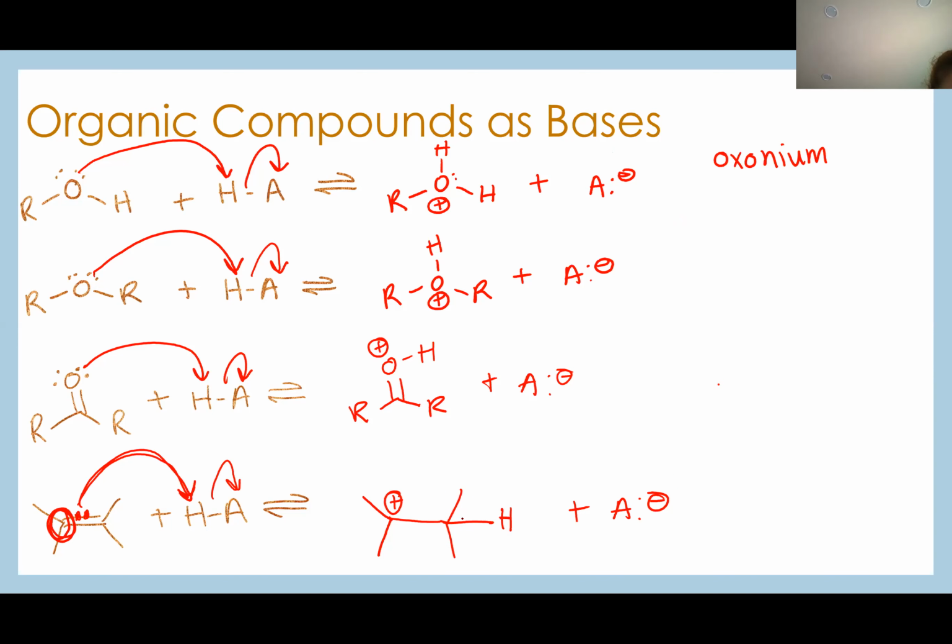The electrons from the pi bond are used to make this covalent bond, which means this carbon lost electrons and therefore becomes positive. This species is called a carbocation. And we are going to see these very, very often. They're not ever the final product. They're always an intermediate in a reaction.